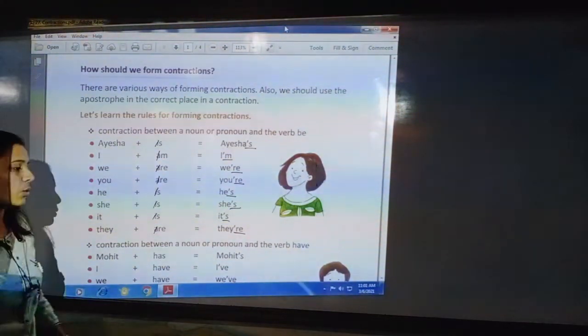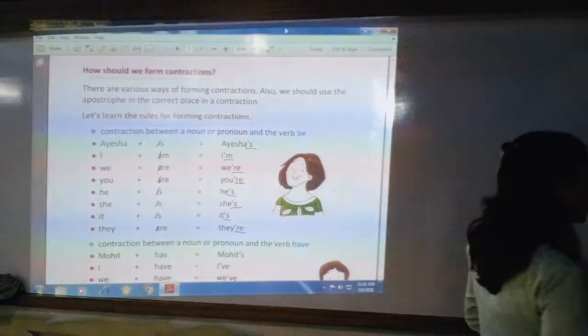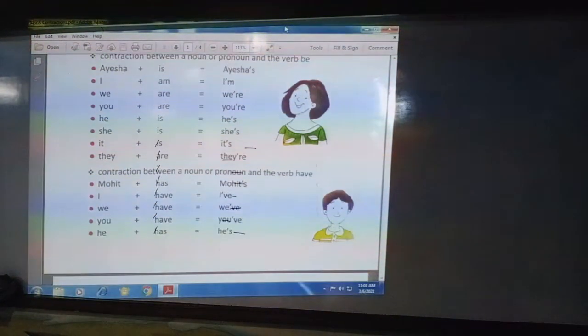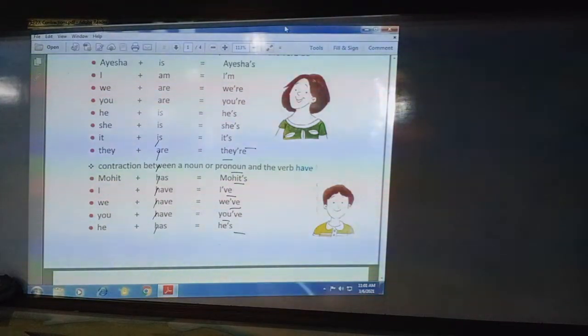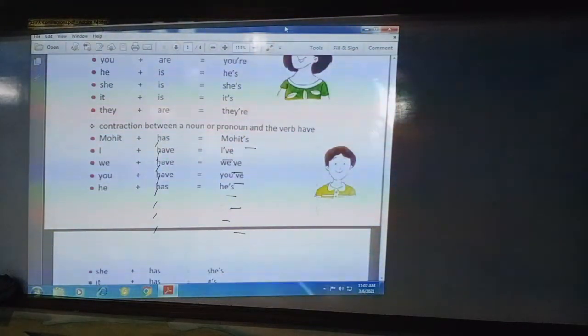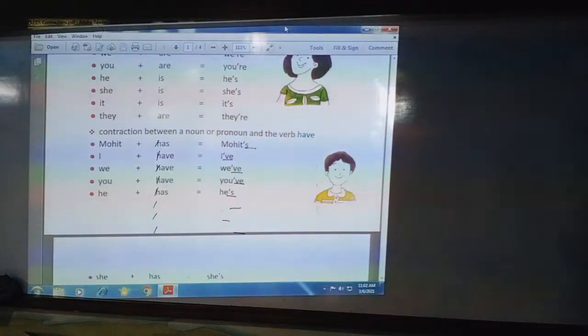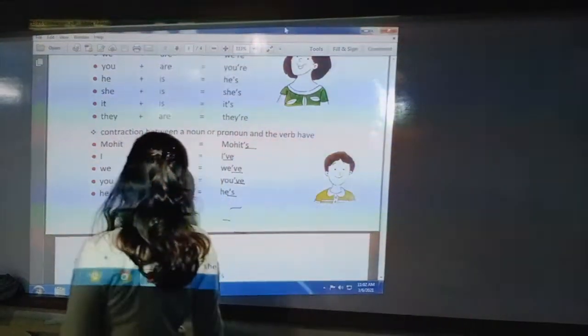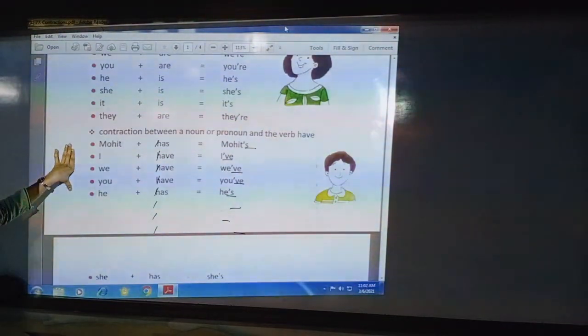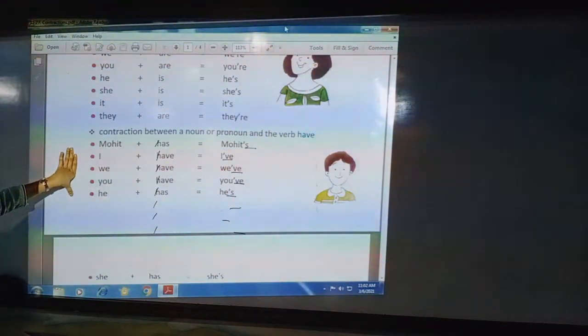Now let us see some more examples of contraction. Here you can see has, have or had.